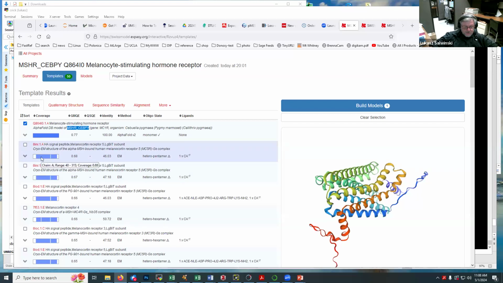It looks like we're getting 88% here. If you hover over the diagram, you're going to see that they're getting about 80 percent of our sequence covered by the template. Ideally, we would want the sequence covered fully by the model.